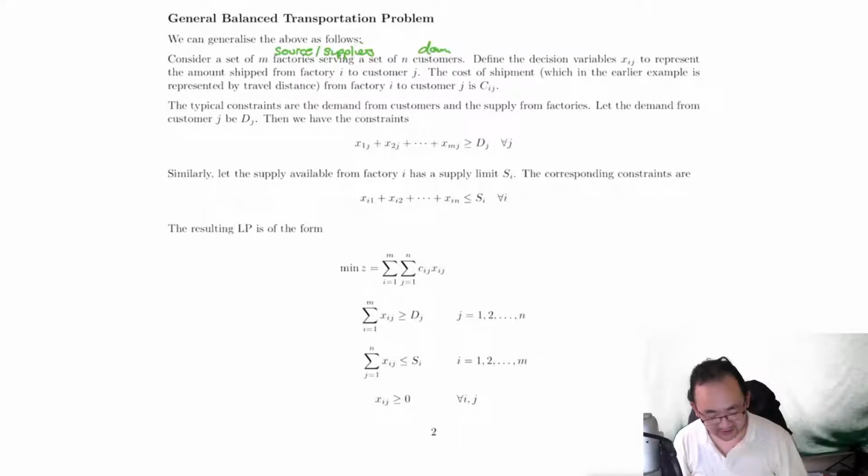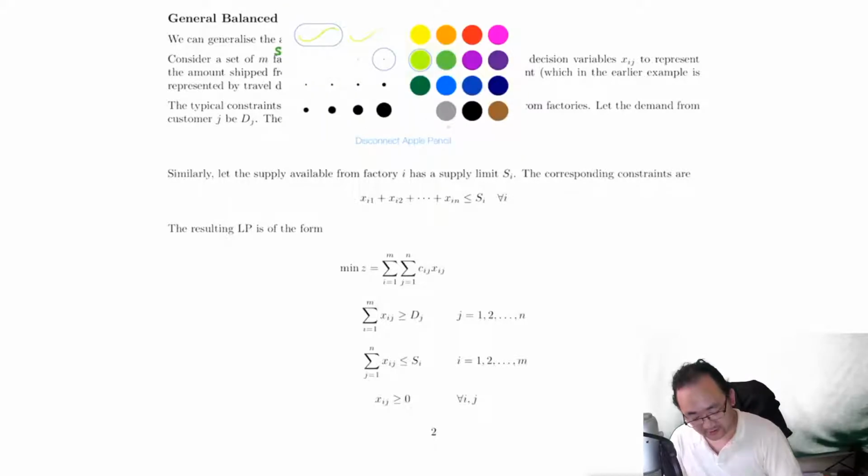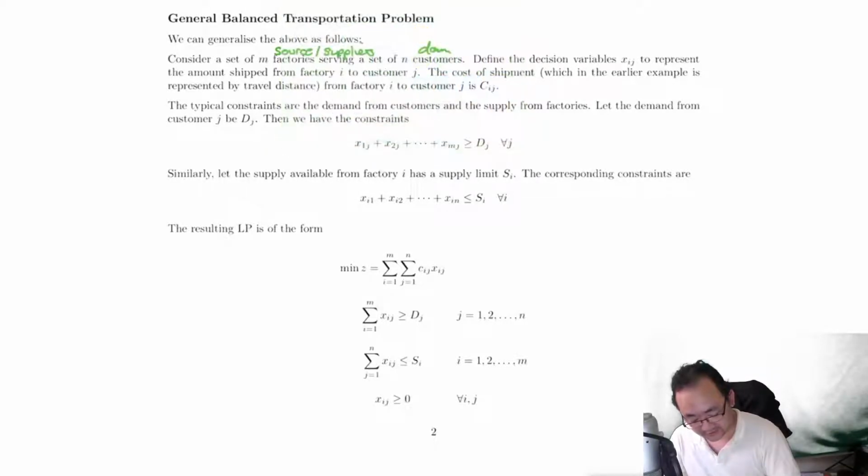And in this case, we have the cost of shipment, which as said in the notes is represented by travel distance before, from factory i to customer j, is Cij. This is actually a parameter.